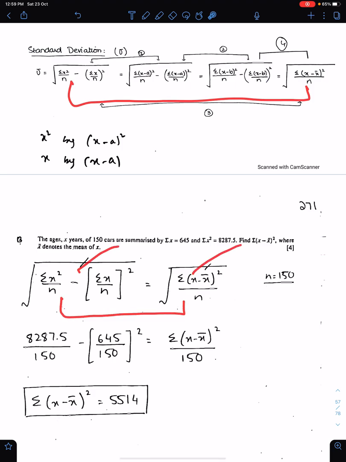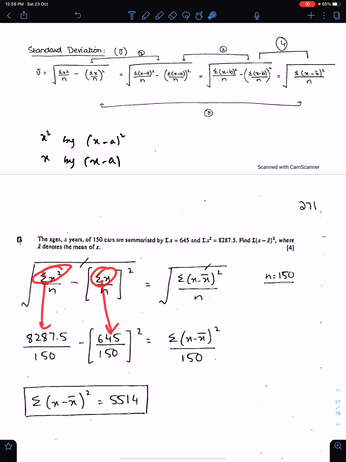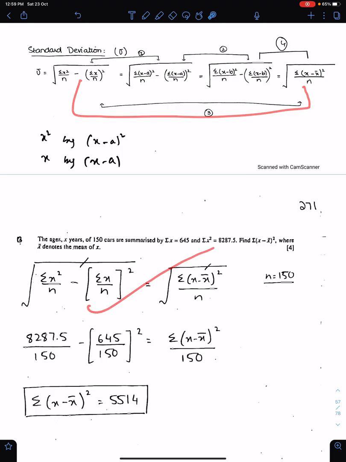Now cancel both these square roots. Now substitute this information here, n is 150, and we can easily get this thing. This is very simple by equating these two. Sometimes we use these two relations. It depends on the given situation.